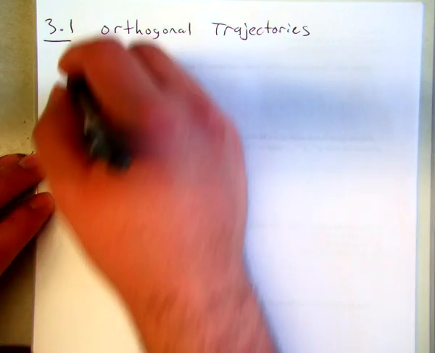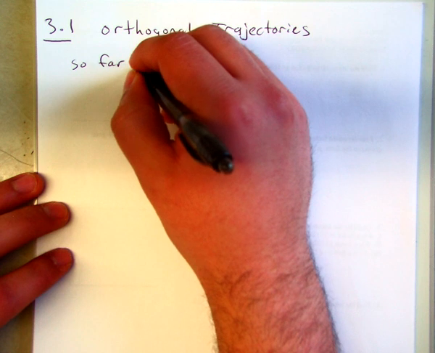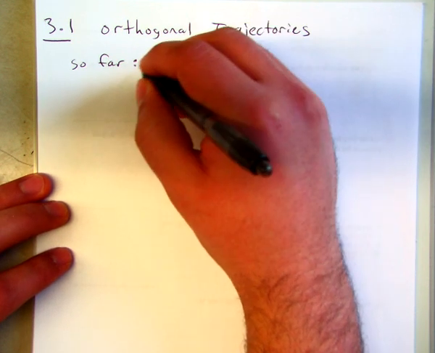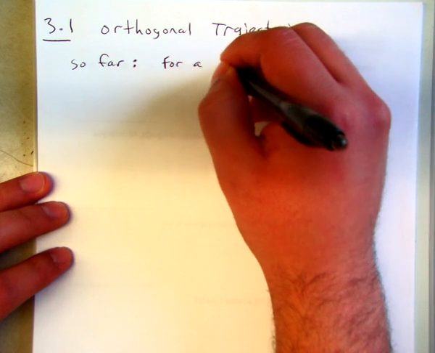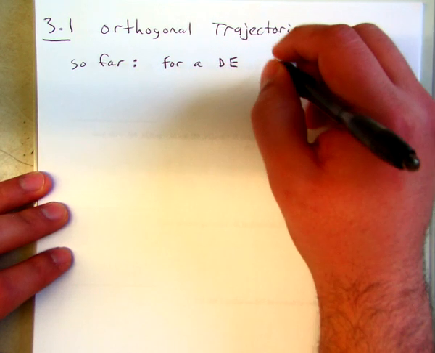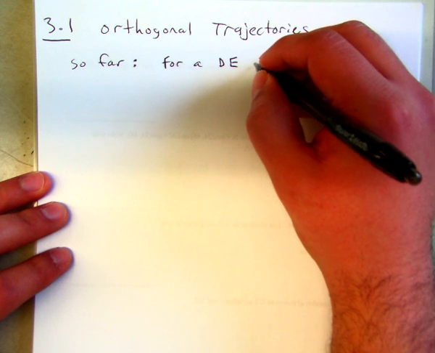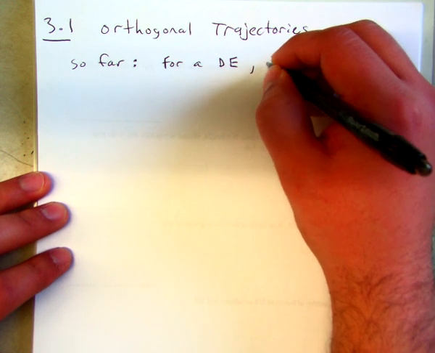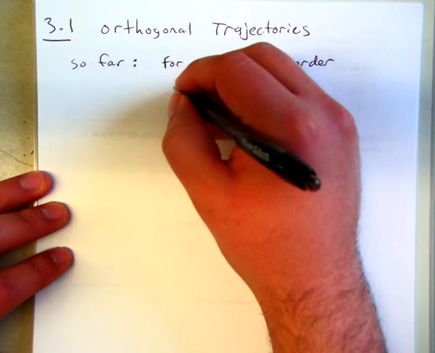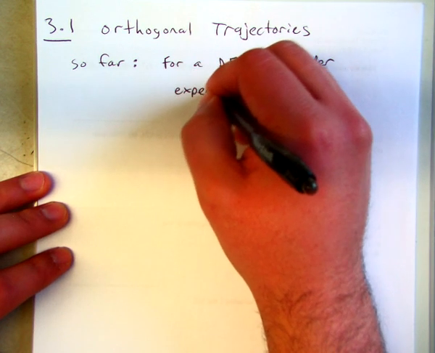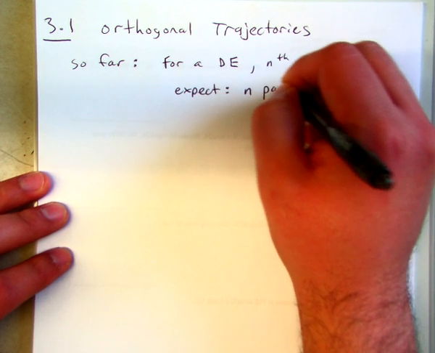Okay, and so far, here's what we've done, or here's what we know. We know that for a differential equation that's nth order, we can expect an n-parameter solution.